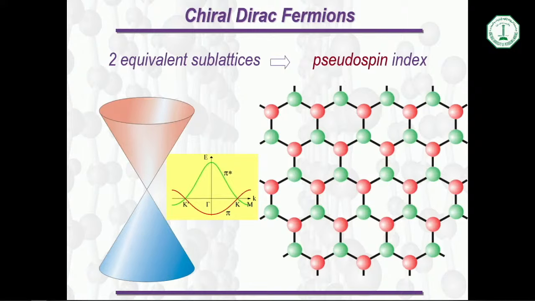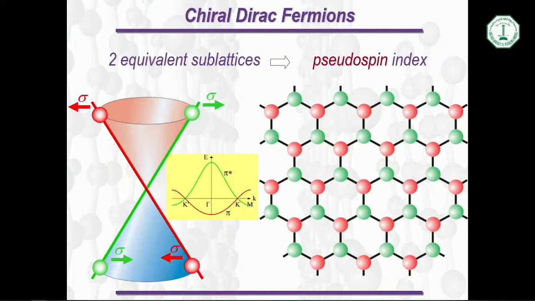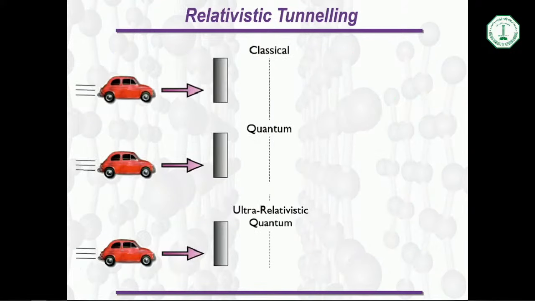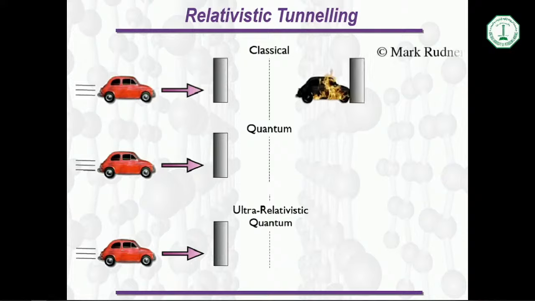So I won't go into details here. Just let me maybe illustrate it on one very simple example. You all know that if you run a classical car into a wall, you will crash it, right? It's common knowledge. Now in physics we have this phenomenon called quantum tunneling.